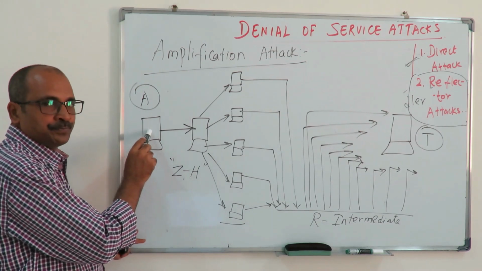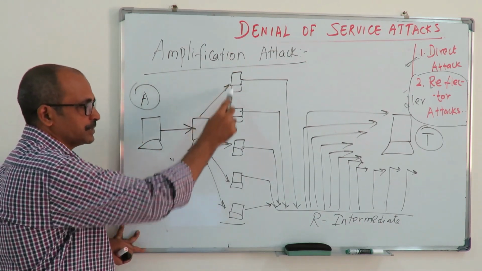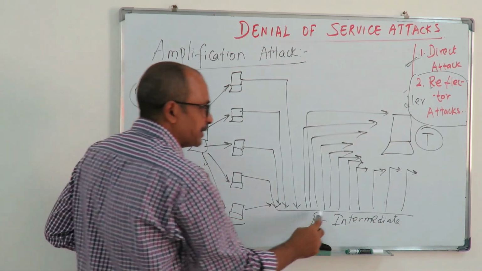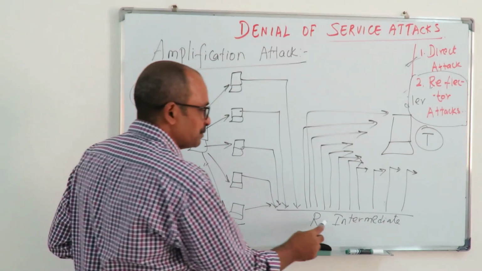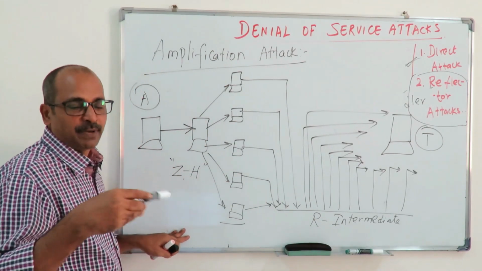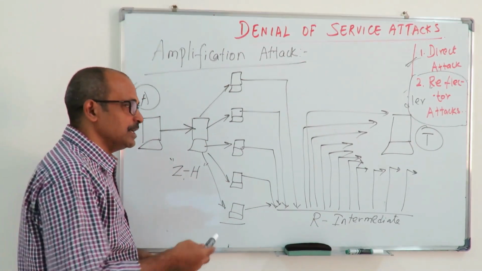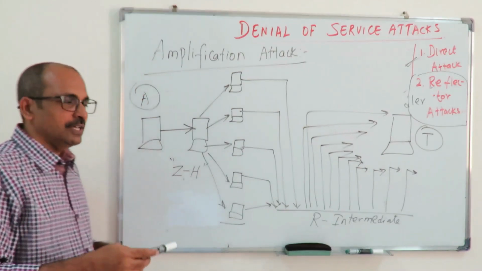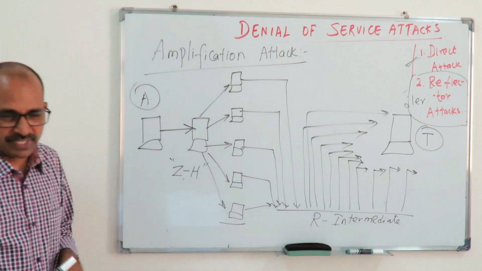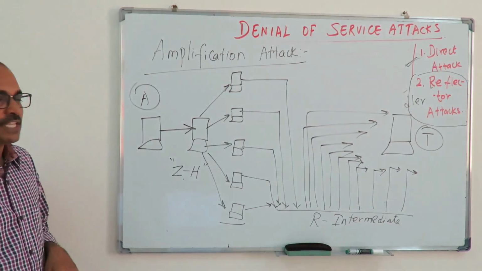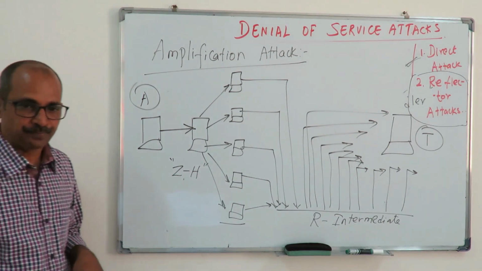Attacker, zombie handler, this is the zombie network. Now we are introducing a new entity called the reflector intermediate. It will multiply the packets. Based on some particular technique, when a single packet is sent, he is going to give many replies to you. That is the technique here. This is how the amplification attack is working.